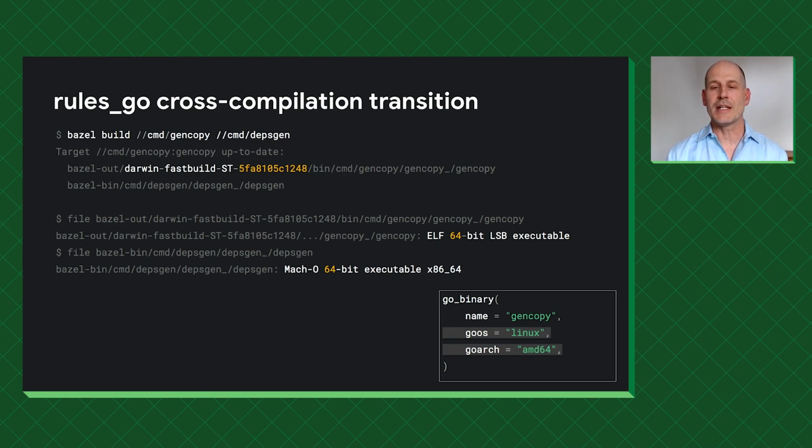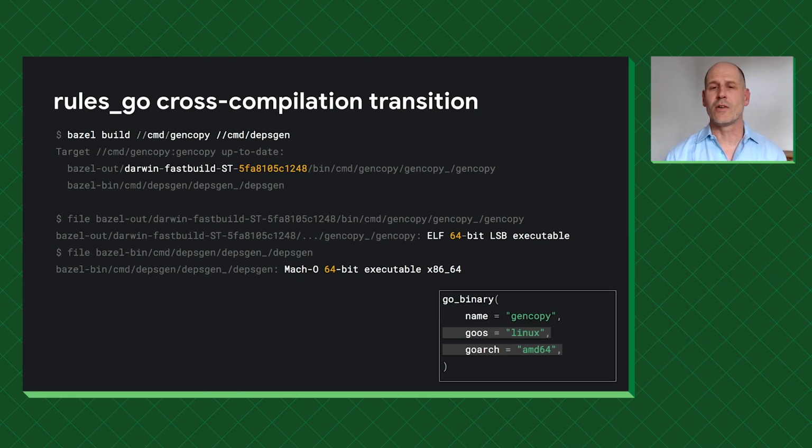Then when I build this, I get one binary that's cross-compiled, one that's not. So this is kind of crazy because it's as though I've invoked different command line flags for different parts of the build graph. This is called a transition, and it has a special rule called transition. And there's a transition implementation, like a rule implementation. So let's look at that using the debugger.